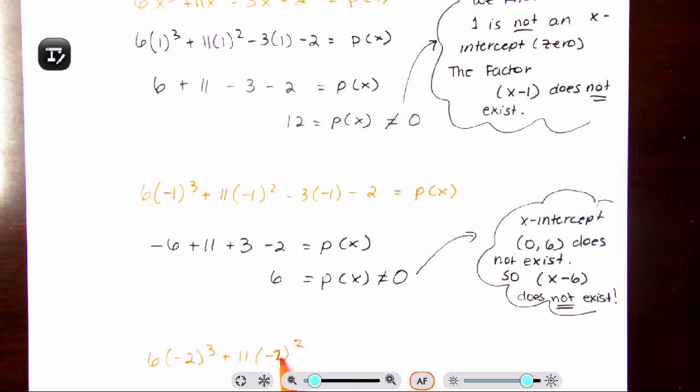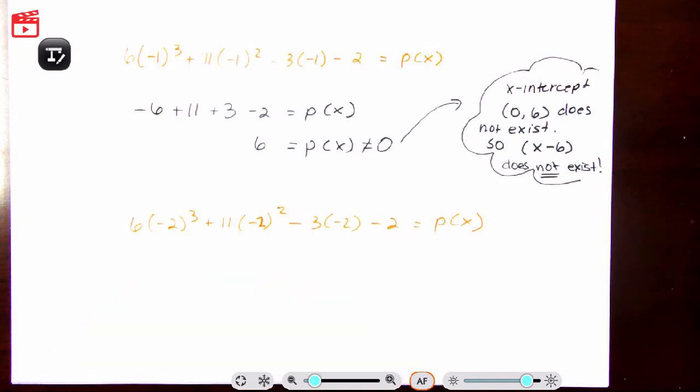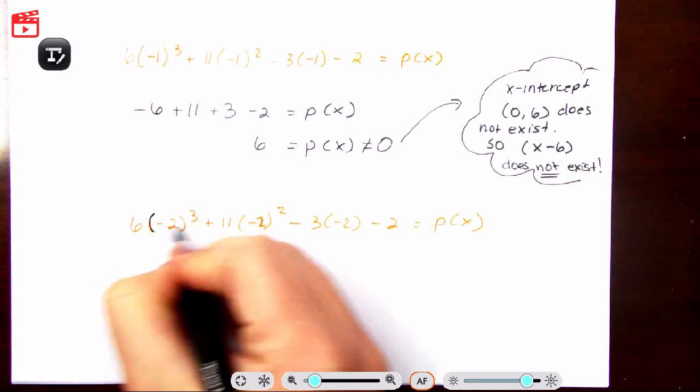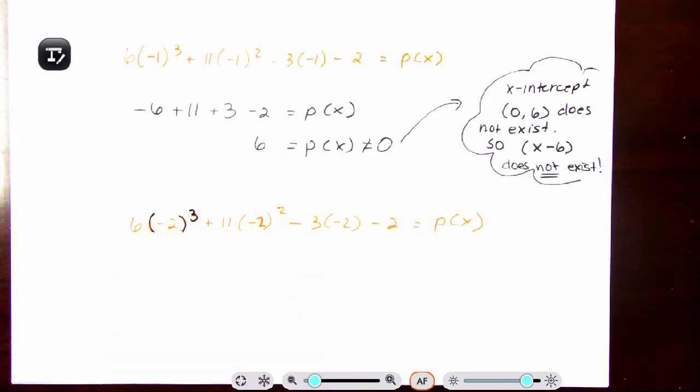Oh, negative 2. All right, so what do we have? This one I am using my calculator. Ooh, be careful on your calculator. You have to type in parentheses, then cubed. Make sure negative 2 is in parentheses or else it's going to give you something wrong.